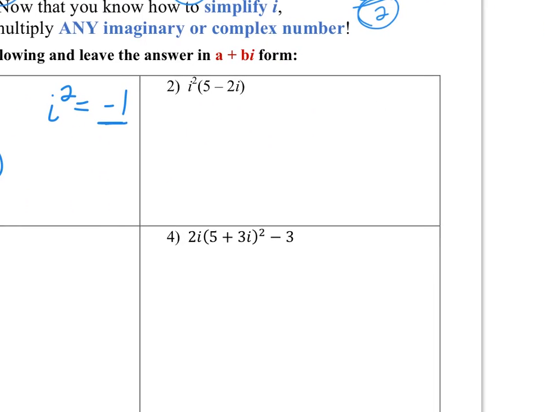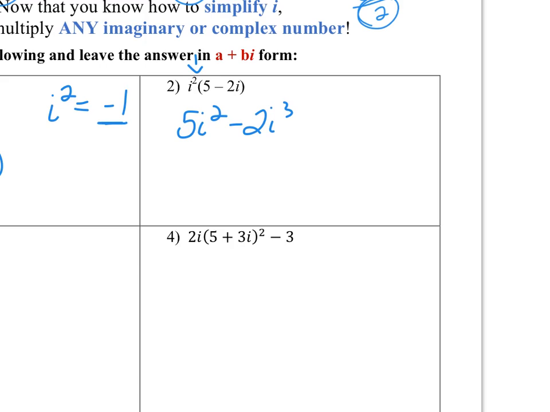So this one, same idea. We do the math, we leave the i squared, it's just like x squared. i is just like x when you're dealing with it in this situation. So simply multiply. 5 times i squared is 5i squared. i squared times -2i is -2i cubed. In this case, you could have reduced that i squared to -1 first.